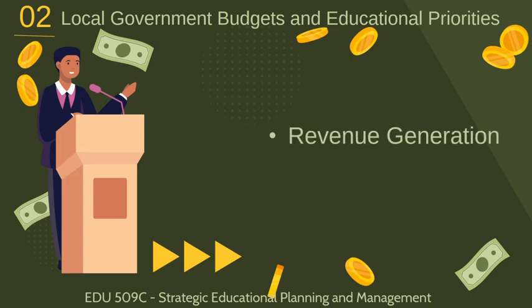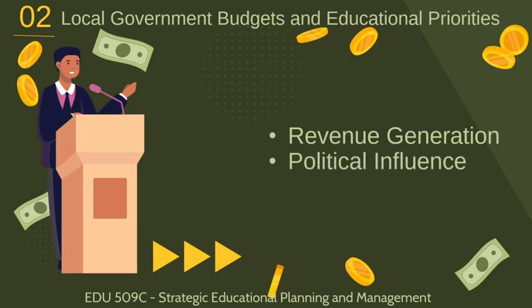So, for example, revenue generation: local governments generate revenue through taxes and fees and also subsidies from the national government. So the ability of a local area to generate income directly affects how much funding is available for educational initiatives. For instance, urban areas with a thriving business sector may allocate more funds to education compared to rural areas with limited economic activities.